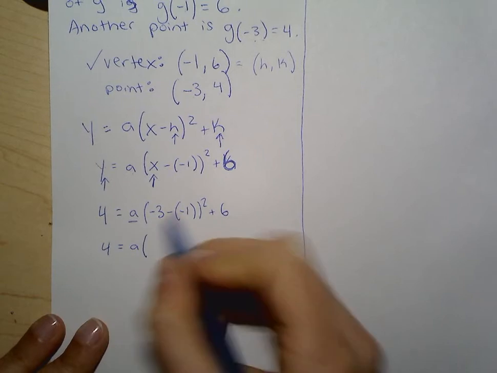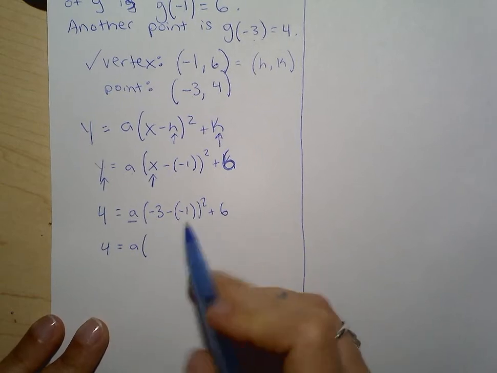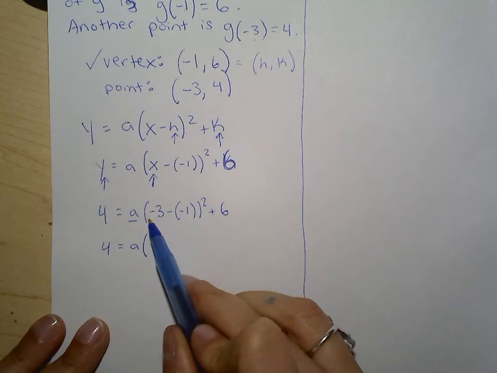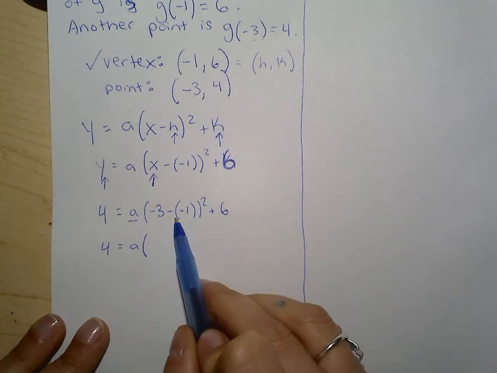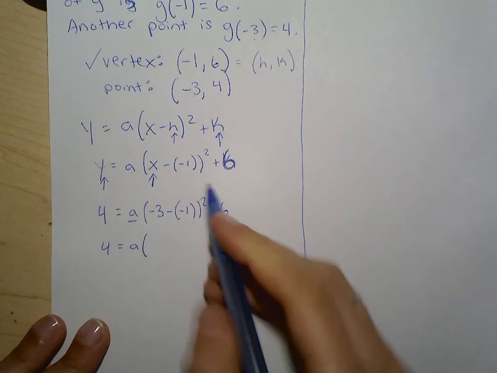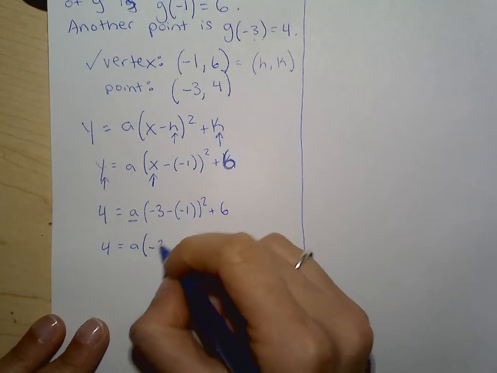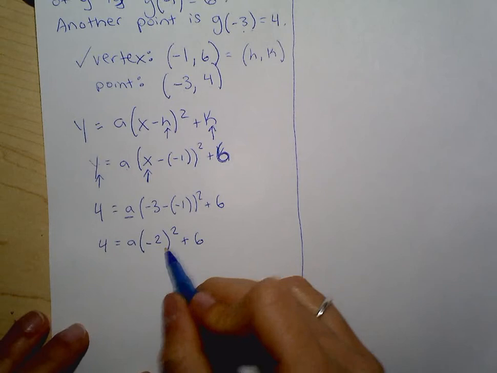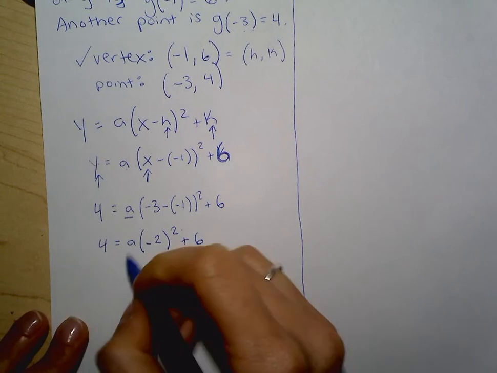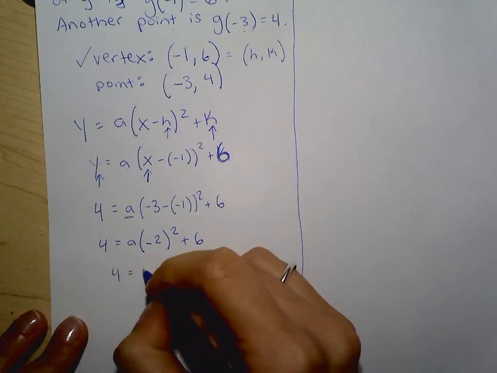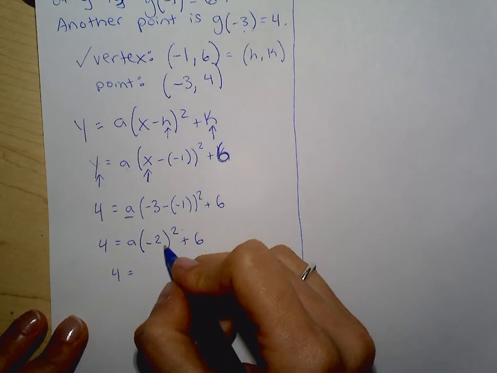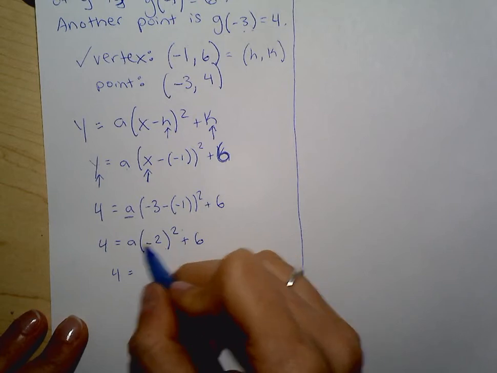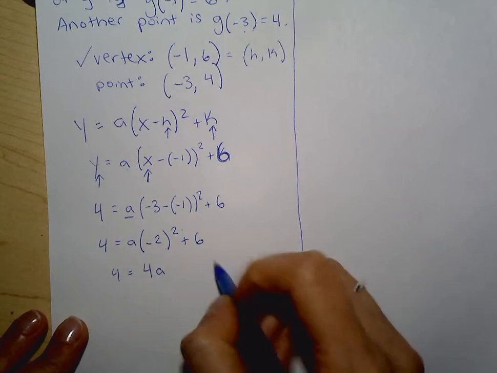So -3 minus a -1. That's the same thing as -3 plus 1. So -3 plus 1 is going to give me a -2 squared. -2 squared gives me 4, and I'm going to write that 4a plus 6.